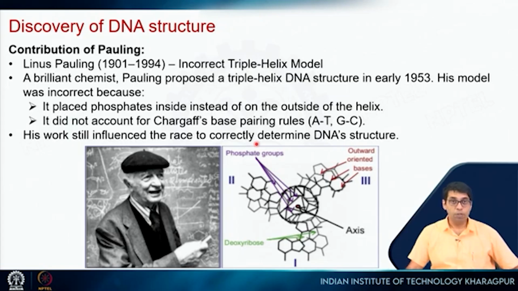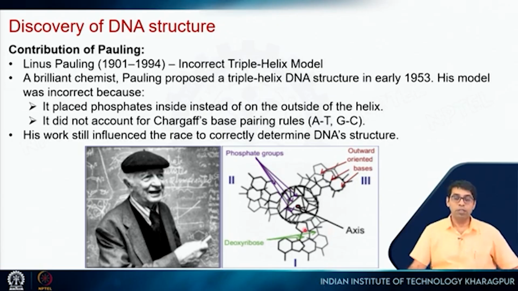Two prominent labs were, one was led by Linus Pauling, who was at Stanford at that time in the USA, and he published the first structure in 1953, which was this triple helix model, right? Where the phosphate groups are inside and the bases are outside like this, and it turned out to be a wrong model.